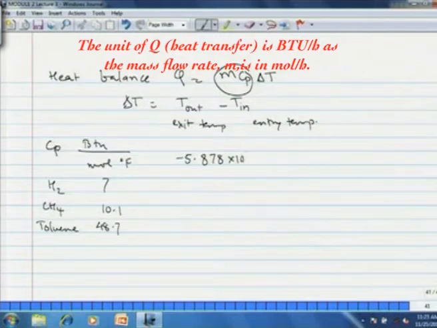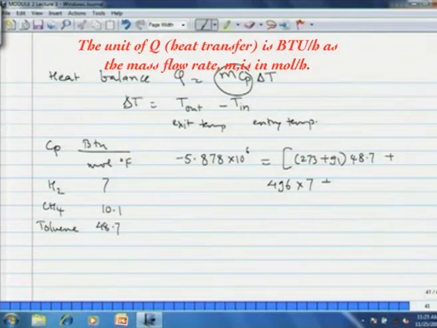Okay. Now, with this we can quickly write a heat balance: minus 5.878 into 10 to power 6 is equal to (273 plus 91) into 48.7 plus 496 into 7 plus 3371 into 8.86. Okay.